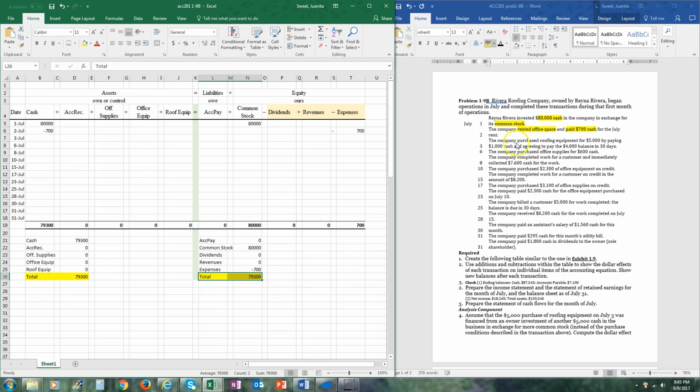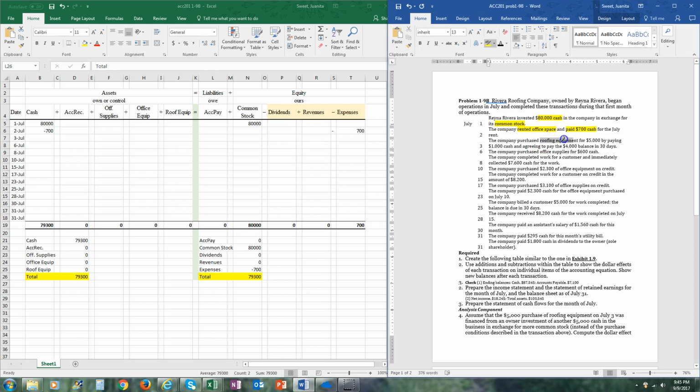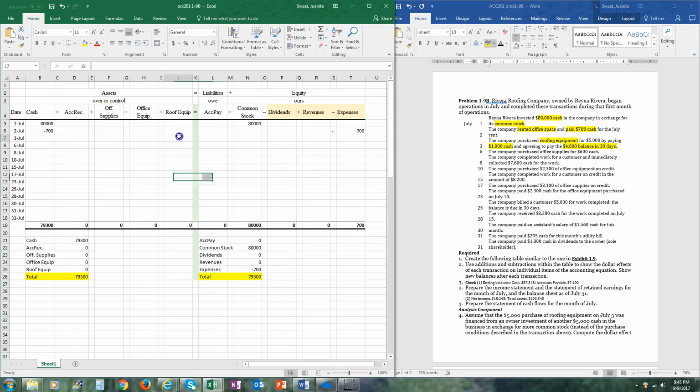Next transaction. We purchased roofing equipment for $5,000. So what did we get? We got roofing equipment and we paid cash, and the balance we owe. So this is a three-part one. First of all, we look over at roofing equipment. That's something we own or control. It's an asset. We have $5,000 worth of assets.